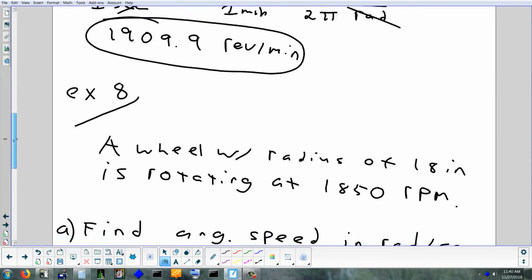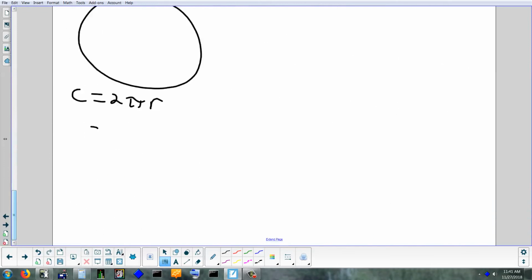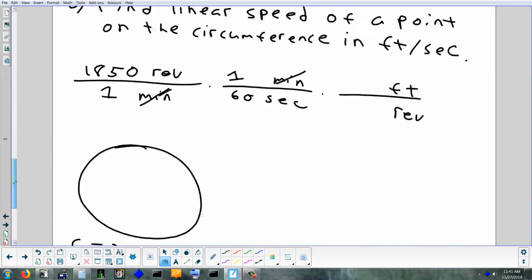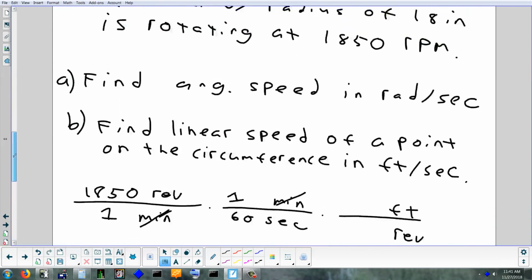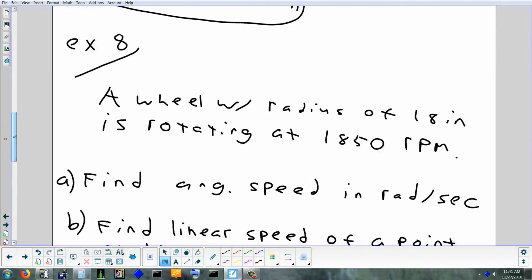So it would be 2 pi times 18, right? The circumference is 2 pi r, and now I'm going to do something at the same time. They want it in feet. They gave me the radius as 18 inches. How many feet is 18 inches? 1.5.